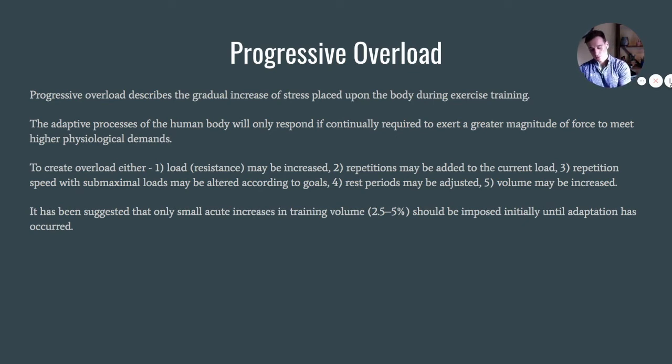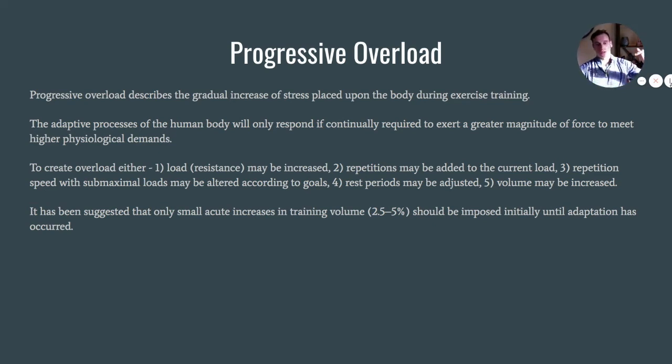The key thing with progressive overload, other than the fact that you do it, is that you don't do it too fast. Overloading people too quickly, particularly sports people who are going to be competing on a regular basis, generally just leads to injury and burnout, which is no good when we're talking about improving sports performance. So typically, you want very small but regular increases, roughly 2.5 to 5%, depending on what you're doing. It might be even less.